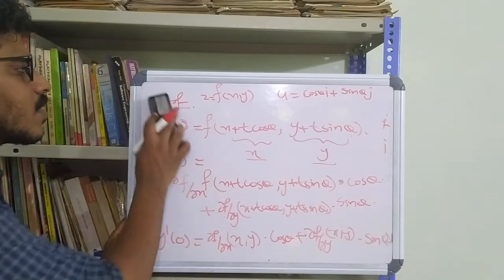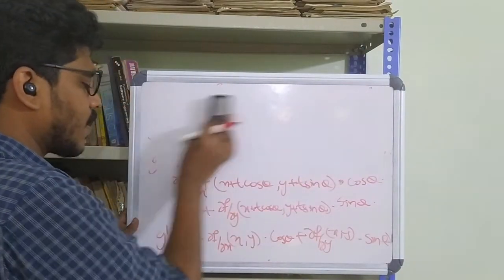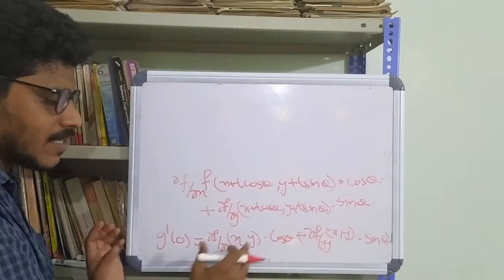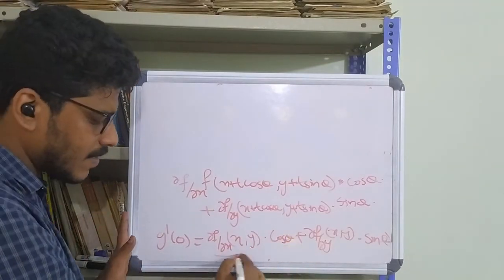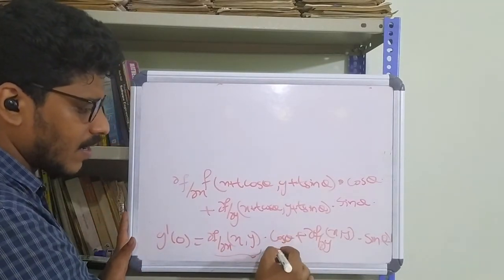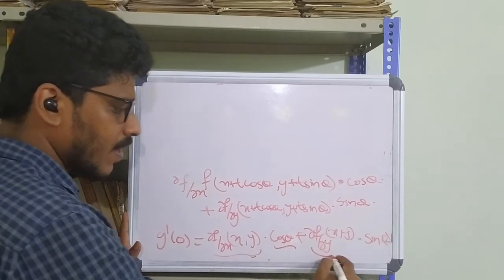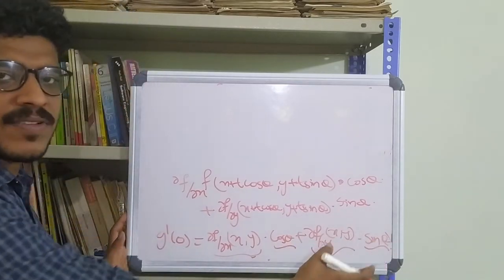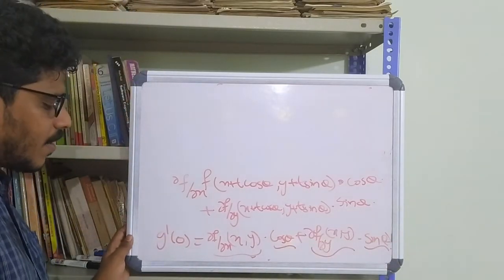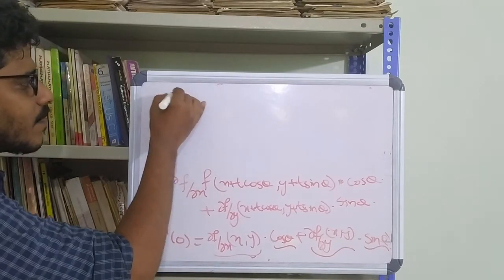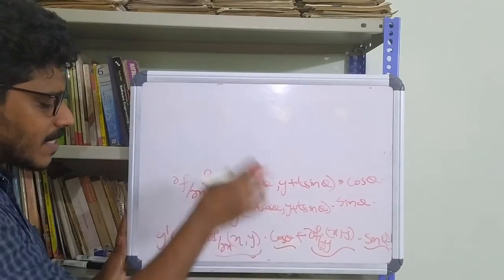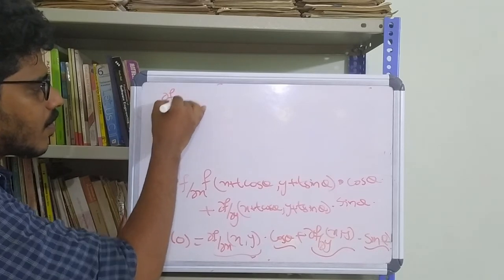Okay, so can we think of this as a dot product? See, we have a term multiplied with another term. The same for the second term, right? Consider this can be expressed as dou f by dou x.